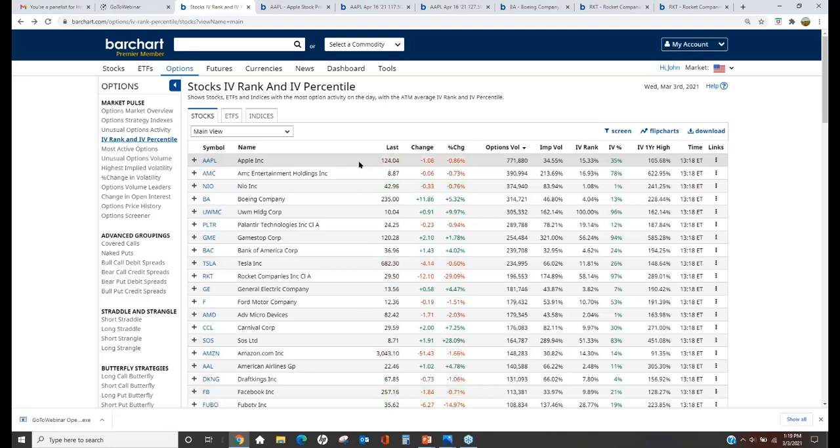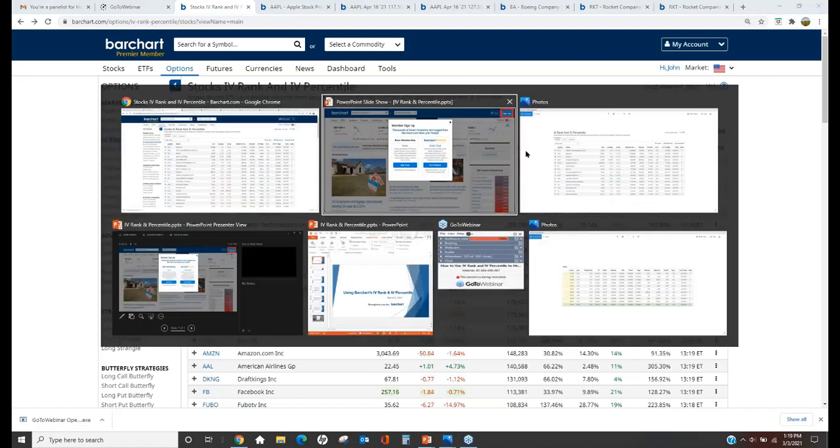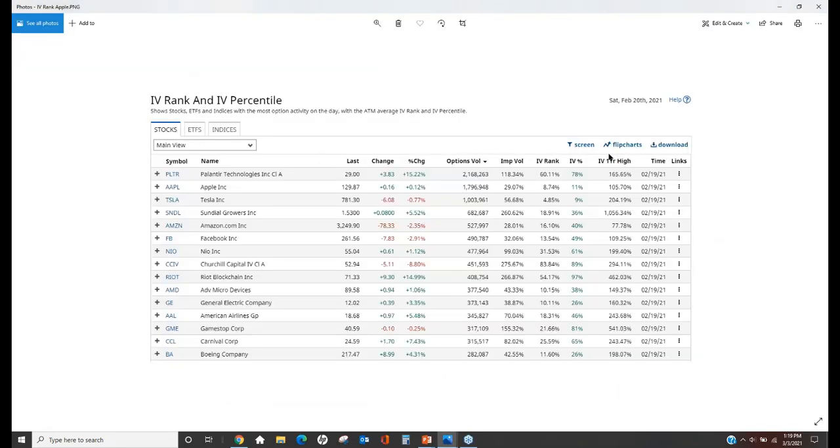So this is today's IV rank and percentage, but let me go to a few days ago. Here's the implied volatility, or the IV ranking percentage, from the closings of Friday.